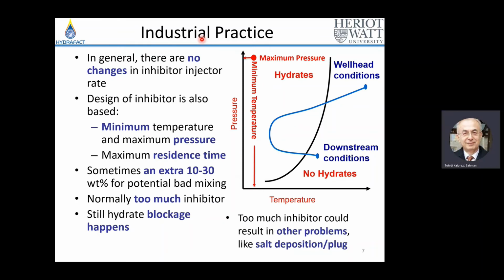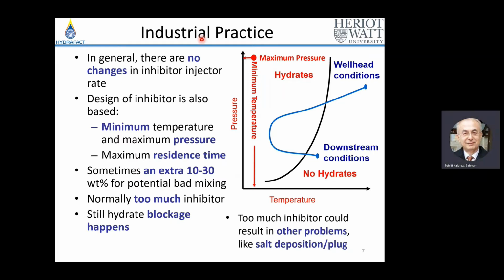What does industry use? In fact, these are normally designed by consultants. In the FEED stage, they don't want to take any risk, and they design the inhibitor for maximum pressure and minimum temperature, normally over the last 100 years.